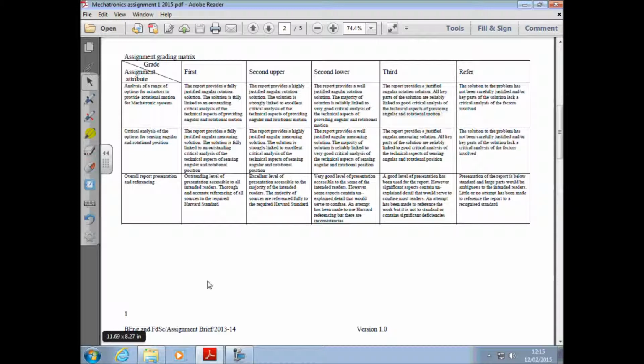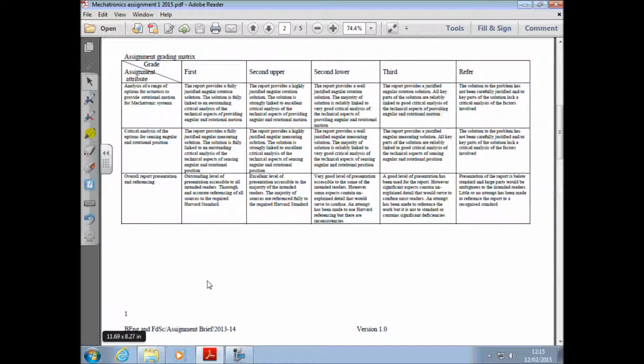Okay, and I always like to look down the second upper line and have a look at what that says. Second upper line says the report provides highly justified angular motion solution. The solution is strongly linked to excellent critical analysis of the technical aspects of providing angular and rotational motion.